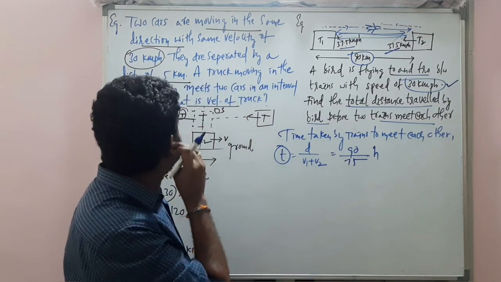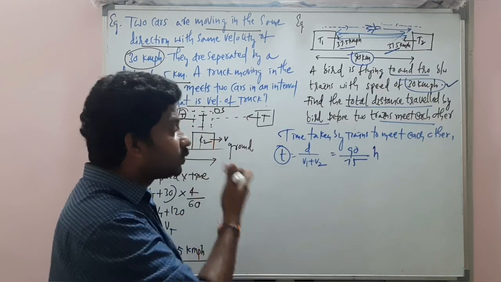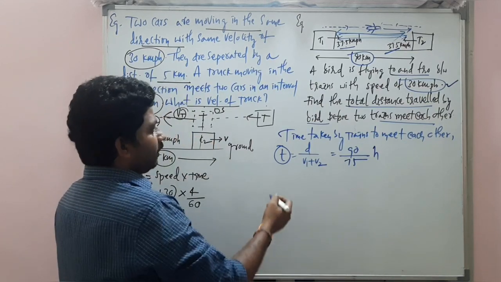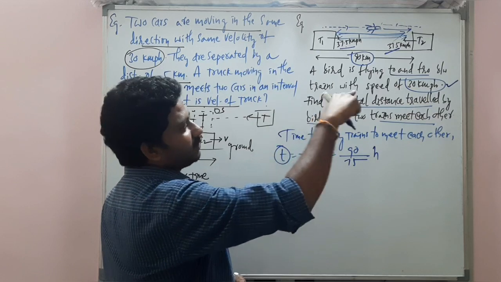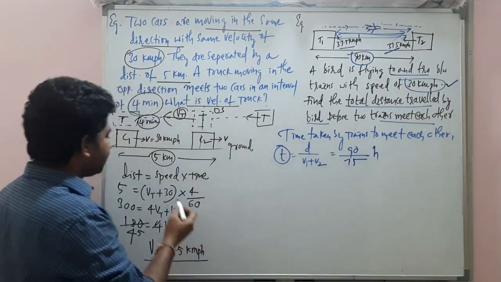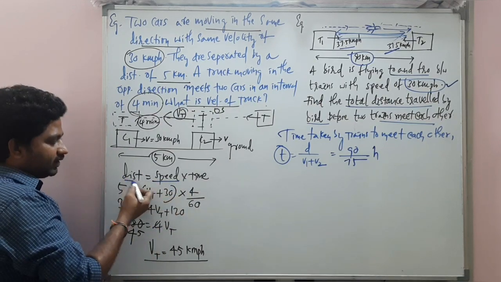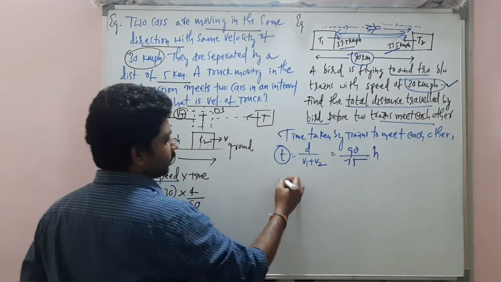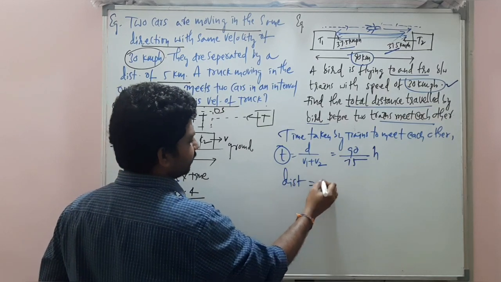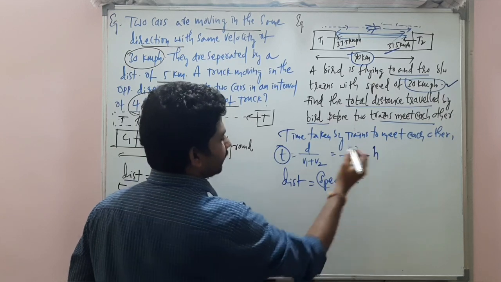Now, find the total distance traveled by the bird before the two trains meet each other. Now let's concentrate on the bird. We have the formula speed is equal to distance by time. So we need distance traveled by it. So the distance traveled by the bird is equal to speed into time.